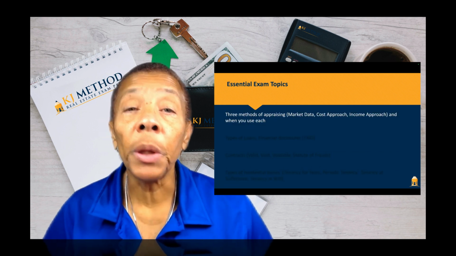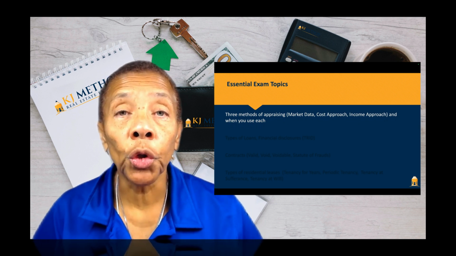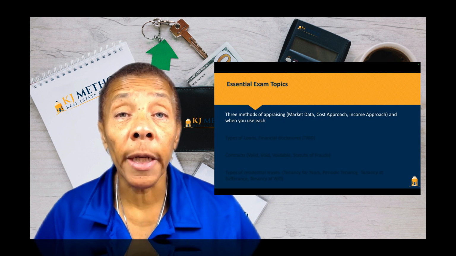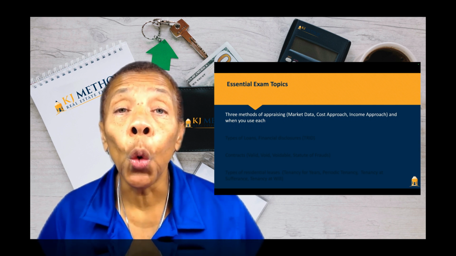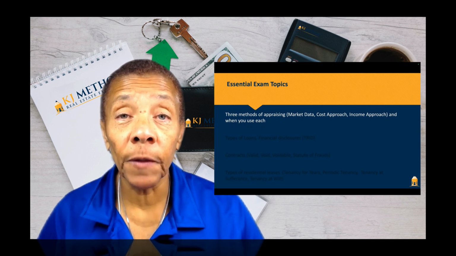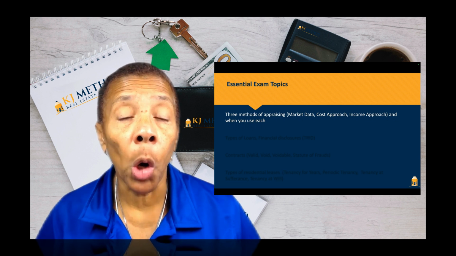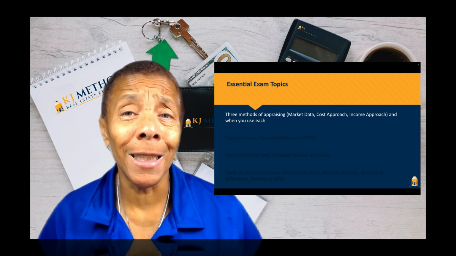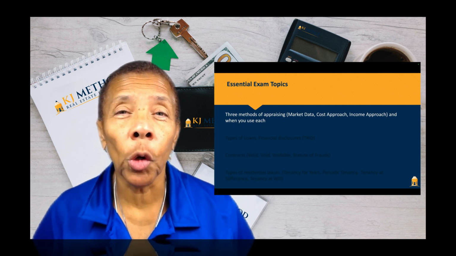Next topic, 3 methods of appraising. We have the replacement cost approach, we have the comparative market analysis, and we have the income approach. You should know when to use each of these, of course, what they are, but when to use each of them. Market data, you're generally going to see in residential appraising. Cost approach is going to be the more difficult one, right?